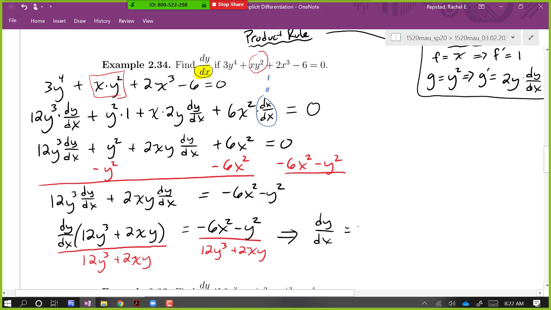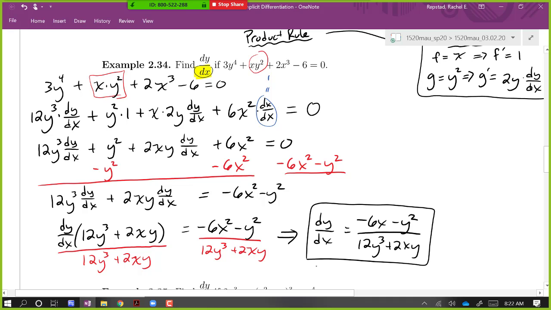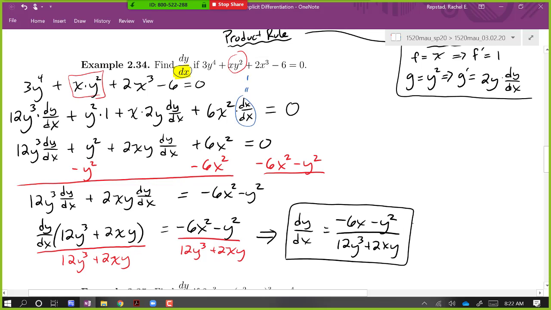And now we have our result. You could leave it like this, or on the bottom I guess we could factor out a 2y. I would say it's up to you because there's no common factor up top, so it's not going to cancel anything. Sometimes it's nice to have a denominator in factored form.